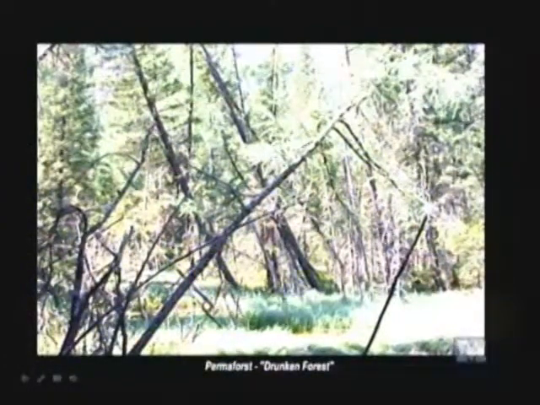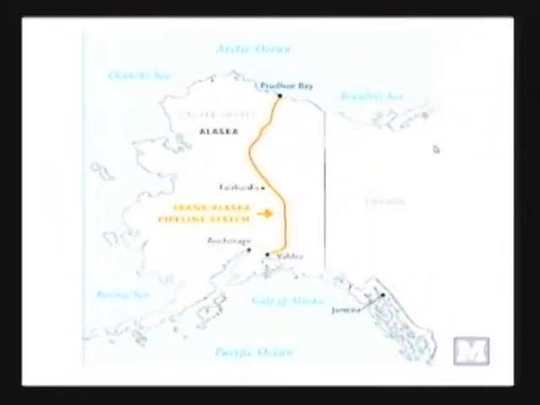Now, this phenomenon of change of volume in the terrain as to whether it's frozen or not was a very important consideration in the building of the Alaska pipeline, the oil pipeline from the north slope of Alaska down to Valdez in the Gulf of Alaska. So you can see the pipeline here running from Prudhoe Bay to Valdez.